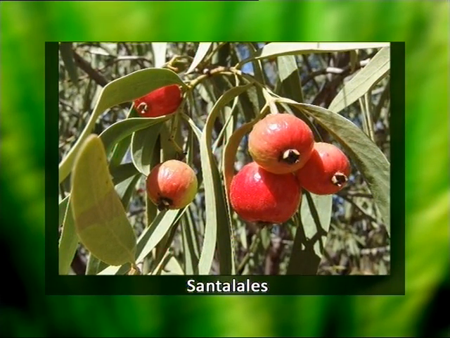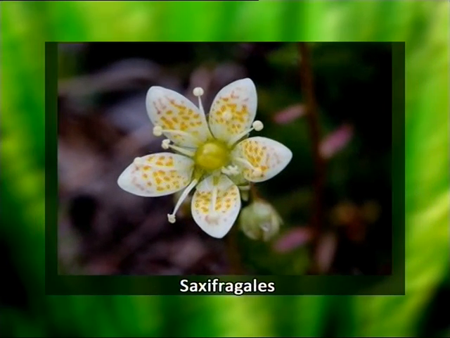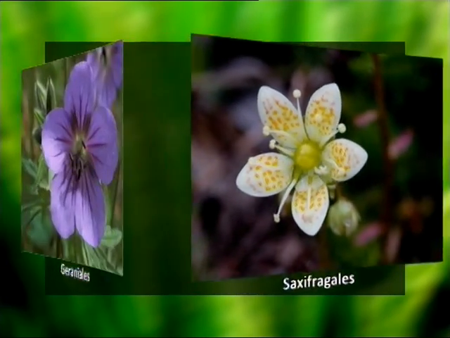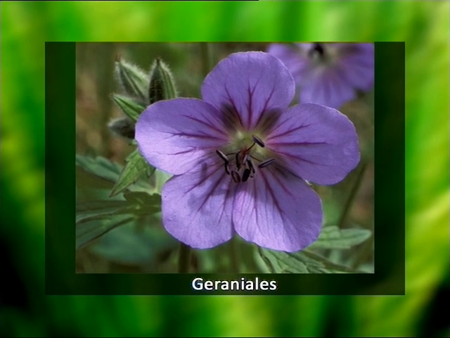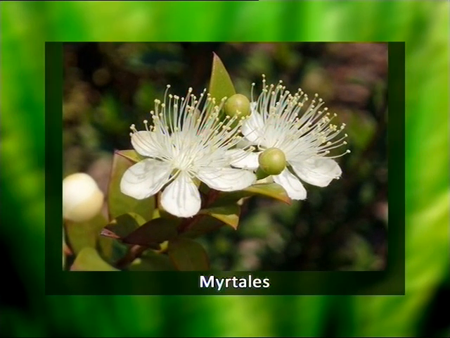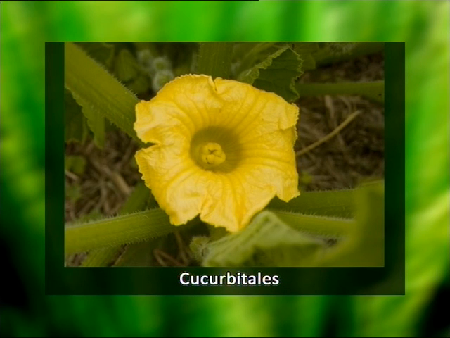The santalales order is followed by saxifragales. Then geraniales. Geraniales is an order wherein we have the common geraniums which we use as ornamental plants. Then we have myrtales. Myrtales is the order wherein we have the eucalyptus-like trees. Then followed by cucurbitales.